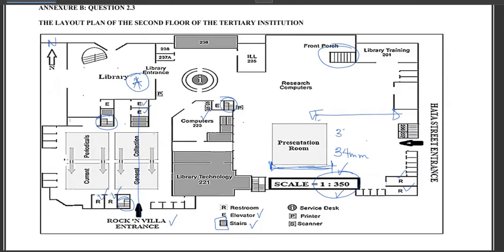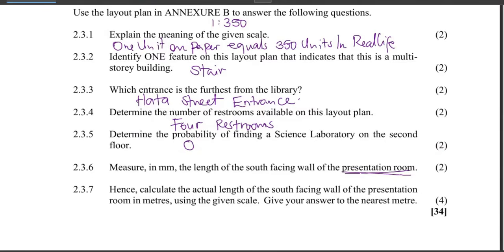But for you, you might have 33, we shall take it. You might have 35, we shall take it. A difference of 1 or 2 is accepted. So we've measured and we've got 34 millimeters.